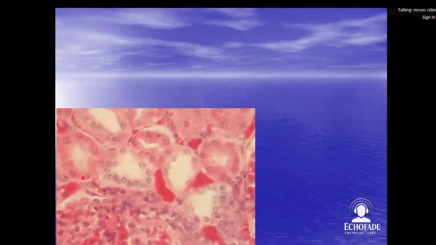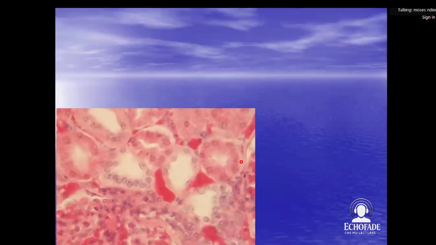These basal infoldings form a basal labyrinth, also to increase surface area. Between these basal infoldings we have a lot of mitochondria. So part of this basophilic staining is because of mitochondria.